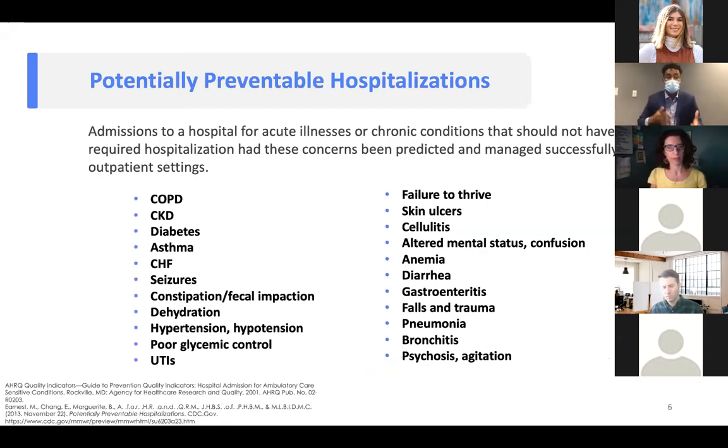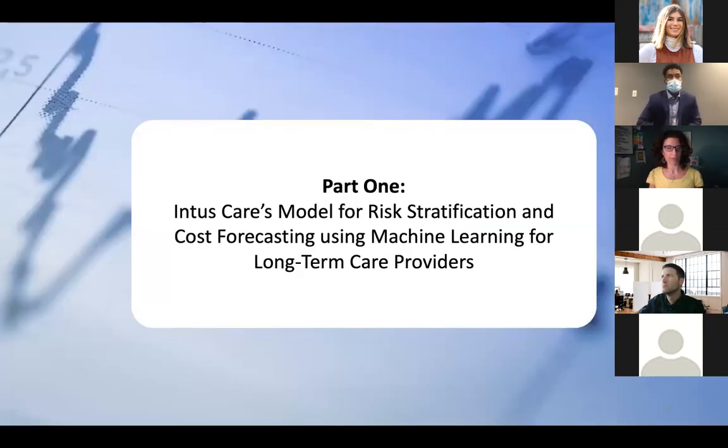The Center for Medicare and Medicaid Services, CMS, defines potentially preventable or avoidable hospitalizations as admissions for acute illnesses like pneumonia or UTIs and chronic conditions like COPD and CKD that could have been prevented through measures in an outpatient setting. And now I'll pass it over to Will, and he will present part one of our study.